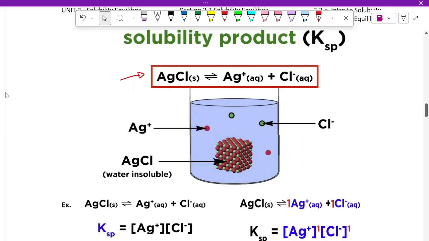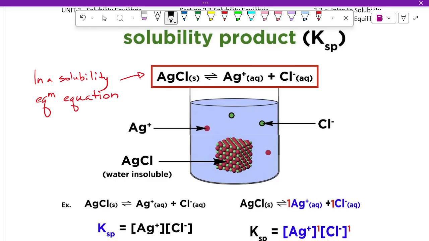In a solubility equilibrium equation, which I'm often going to refer to as the S.E.E., the solid always goes on the left.